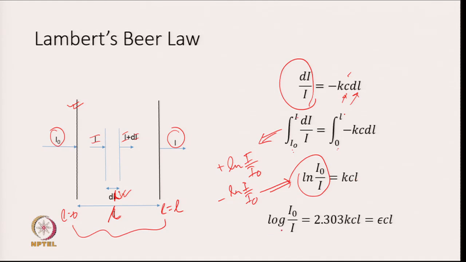If you take logarithm at base 10, then log I naught by I is equal to 2.303 kCL, and this 2.303 times k is known as the epsilon value. So, epsilon times C times L.